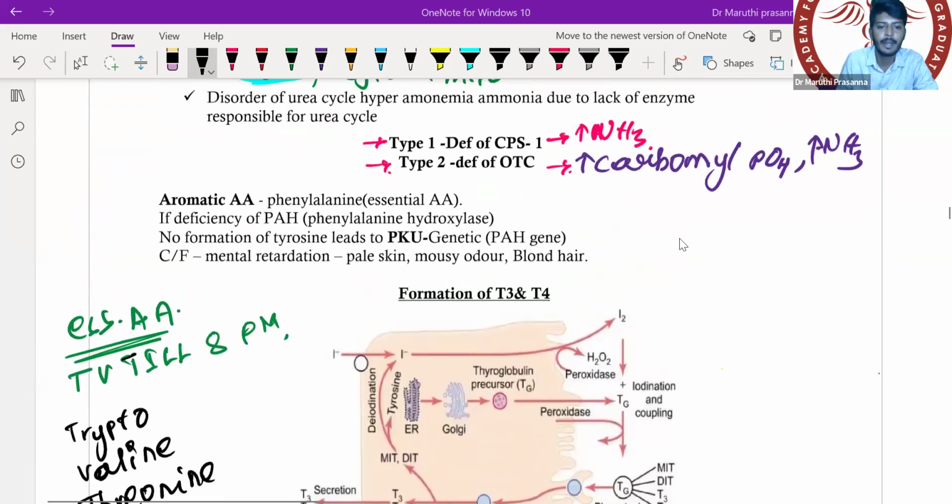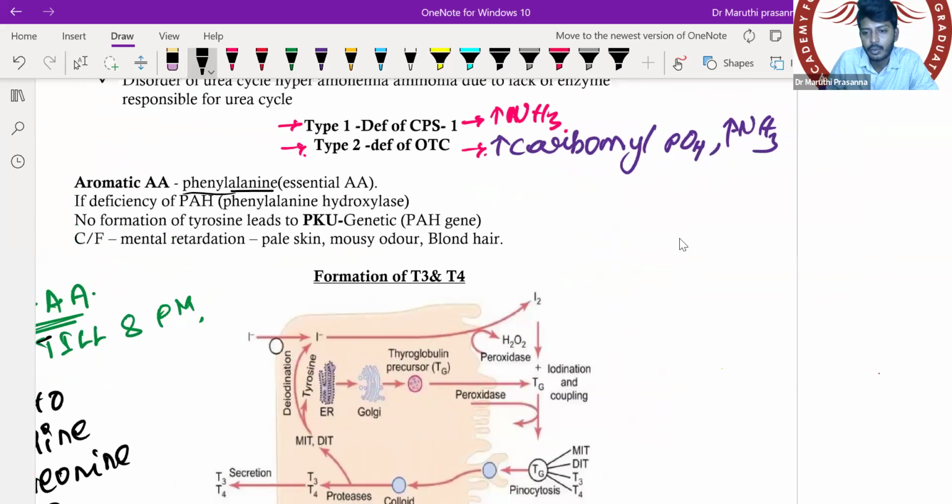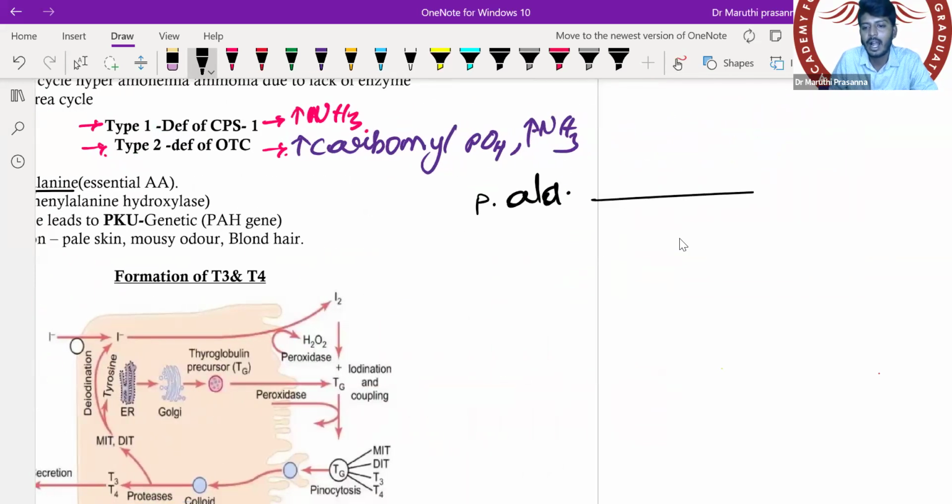Let's start with the first amino acid, phenylalanine. Remember, my dear students, whatever phenylalanine comes into the body undergoes a hydroxylation reaction.